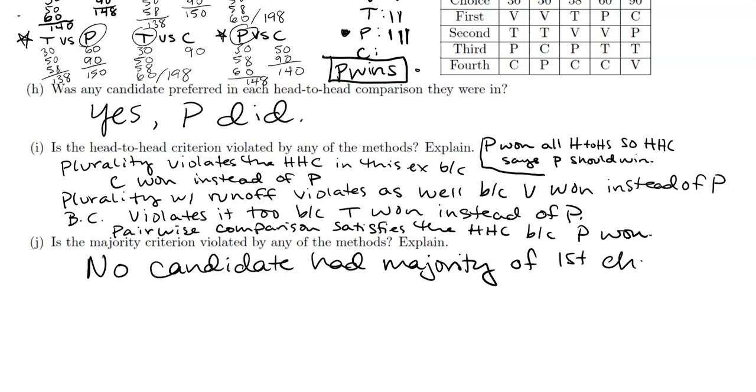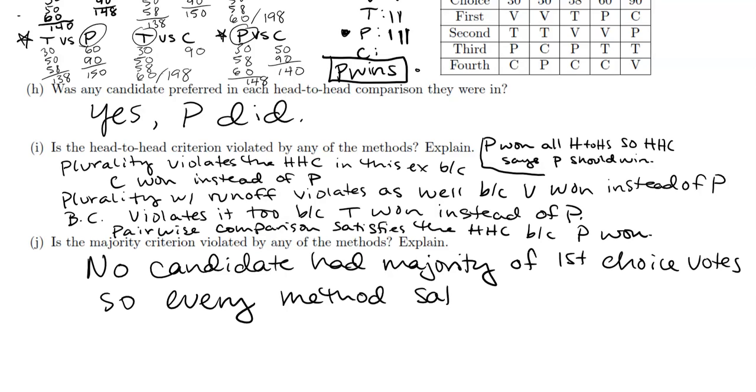So what that means is that every method satisfies it, because basically the criterion does not indicate who it thinks should win. So it doesn't matter who wins, because there's no way to violate this criterion. So every method satisfies the majority criterion.